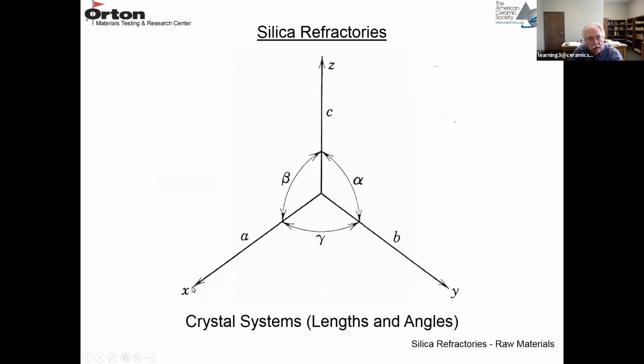So all of these crystal systems have an axis length on the unit cell. That would be A, B, or C, corresponding to those three directions. And they have angles between the different axes, alpha, gamma, and beta.